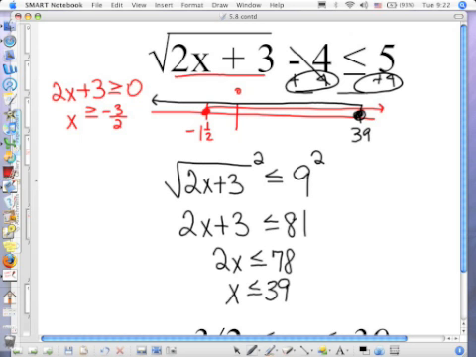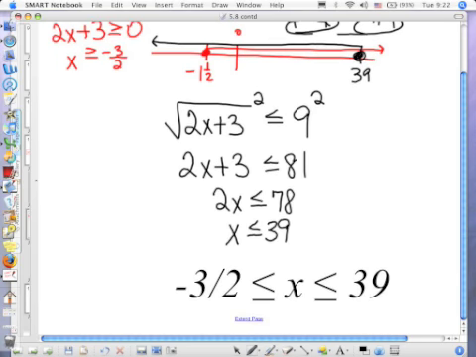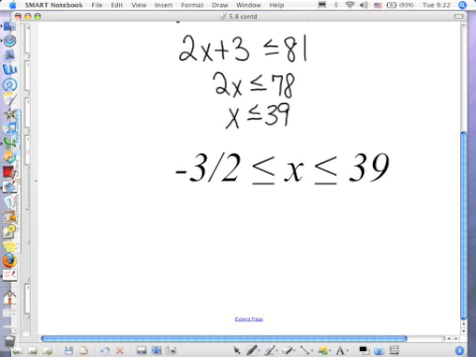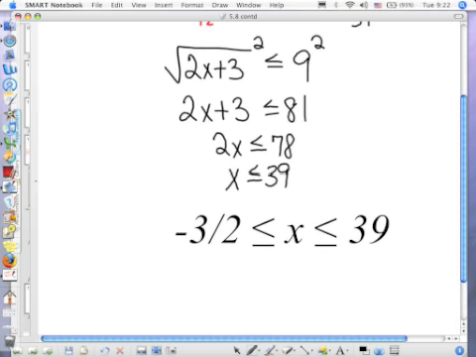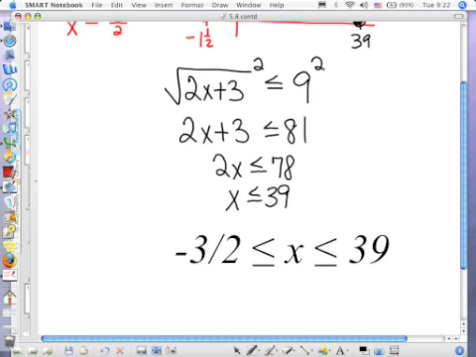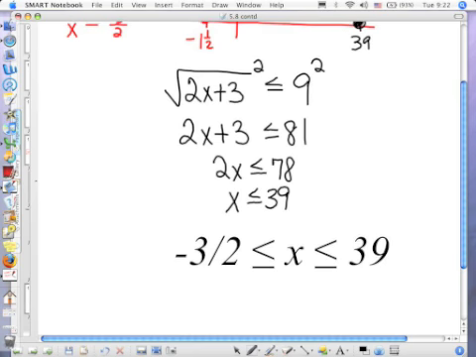Is there an overlapping? Yes. Yes, there is. So your solution is written this way. You can keep it as negative 1 1/2. That's fine. How do you know how to write it like that? Because my arrows are always pointing towards the left because my smaller number is always going to be on the left and my larger number is always going to be on the right.